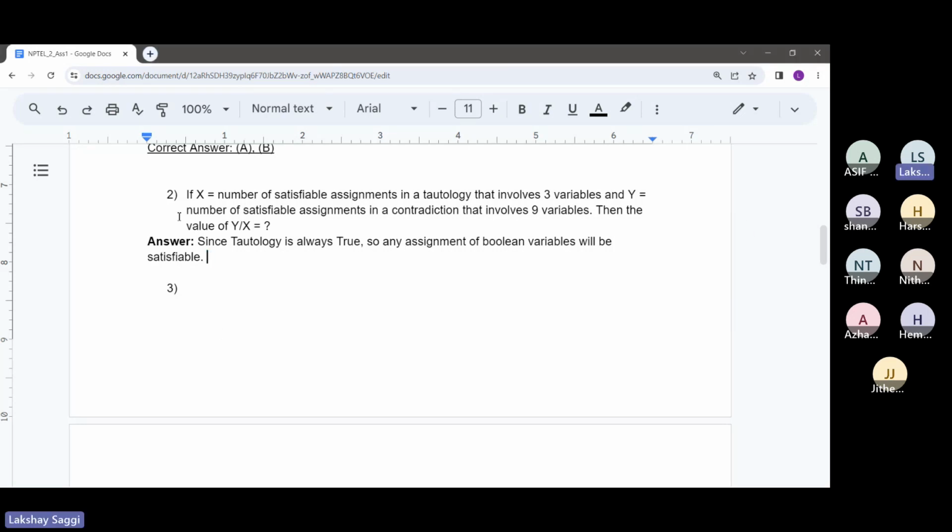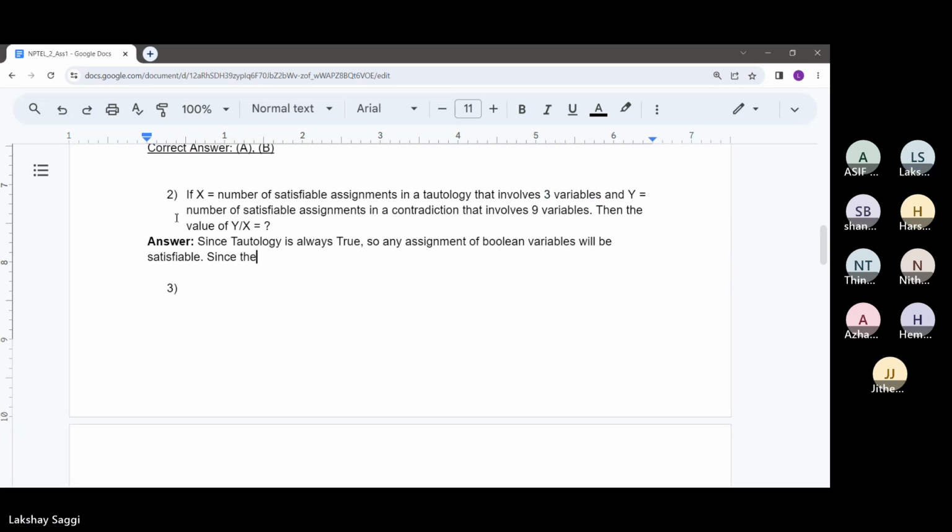So what this means is that we can take any assignment of Boolean variables, and it will be satisfiable. And since we have three variables, how many assignments are possible? Each of these variables can take a value of true or false only, right? There are two possible values for three variables. So the number of assignments will be 2 raised to the power 3.